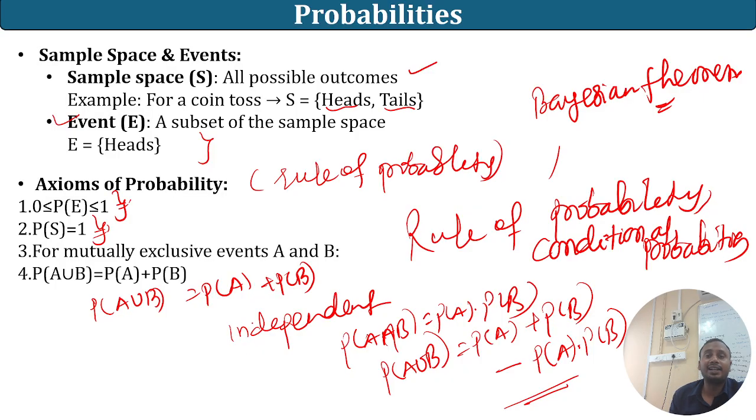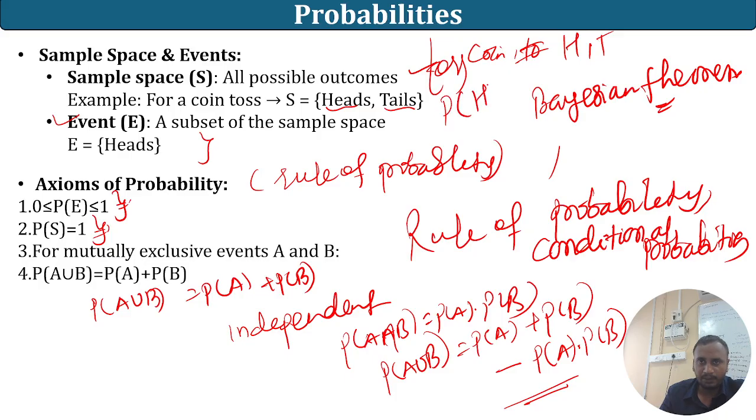So let's take some examples. Some person tosses a coin, either head or tail. The probability of head is the chances of occurrence of H divided by the total number of events, so 1 by 2.